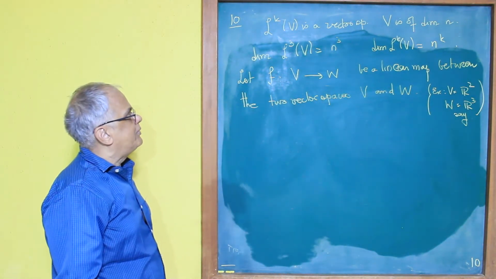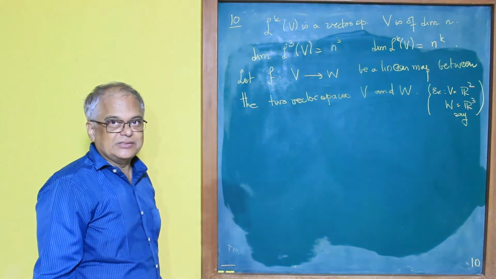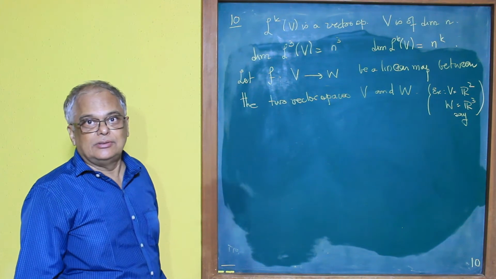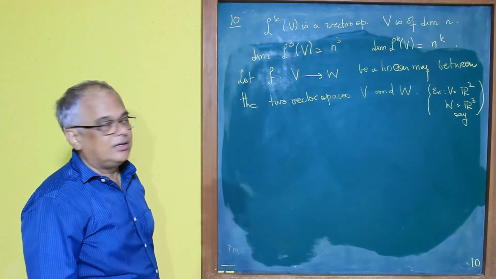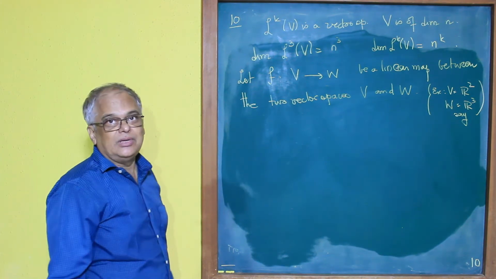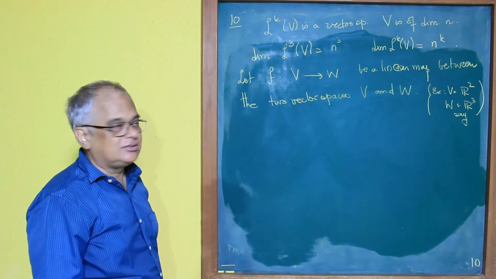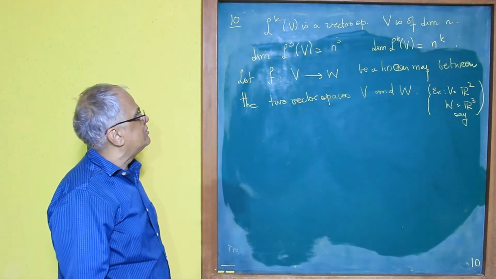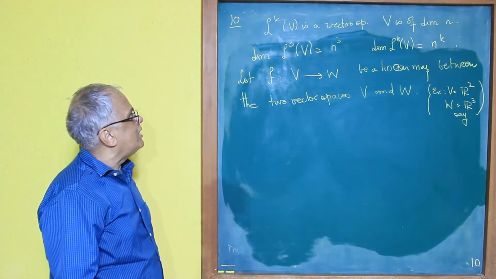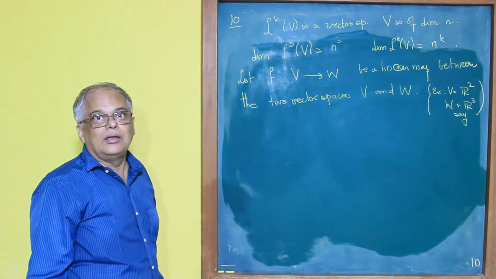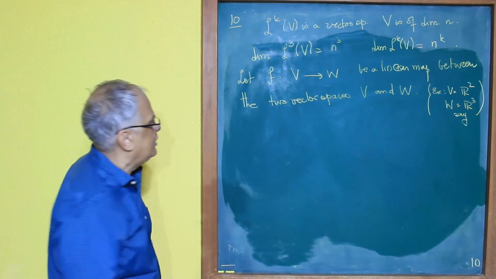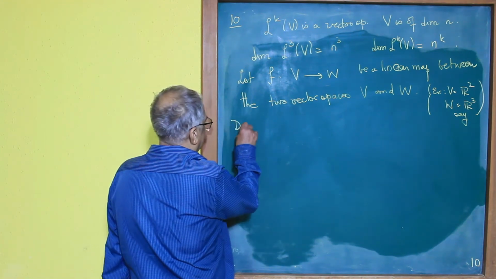So if you have a map between two vector spaces, V and W, what happens to these tensors is the question we want to understand. What is the natural map induced from F between the spaces L^k(V) and L^k(W), or L^k(W) and L^k(V)?